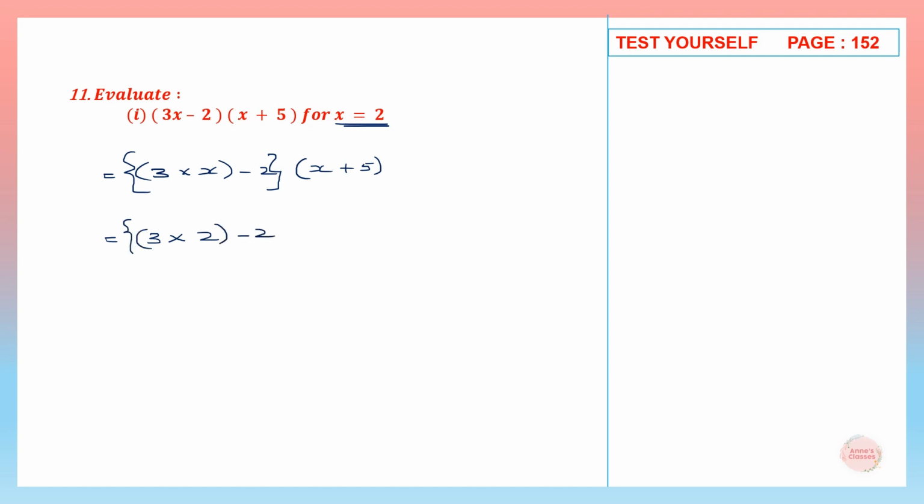So this is just the first part, and the next one is into x is 2, 2 plus 5. So here let's multiply 3 2s are 6, 6 minus 2 into 2 plus 5 which is 7, 6 minus 2 is 4, 4 into 7, 4 7s are 28 and this is our answer.